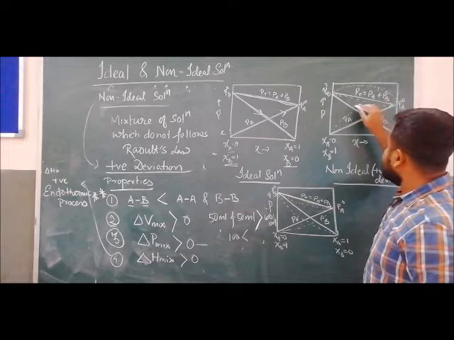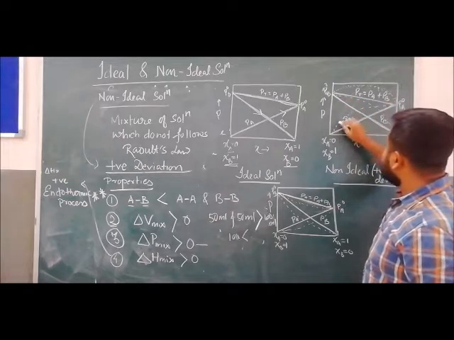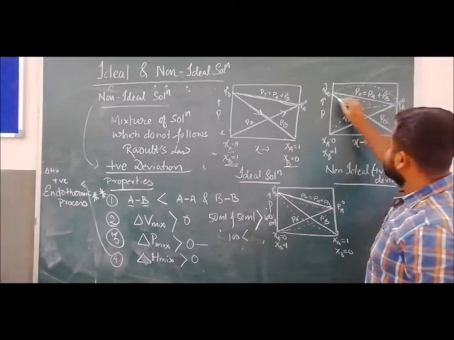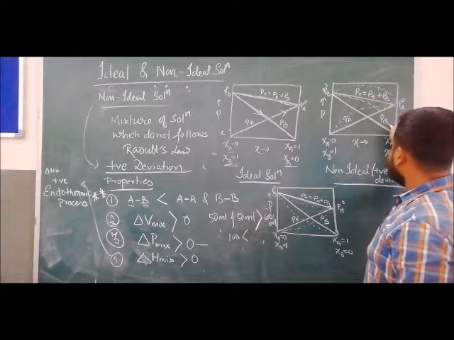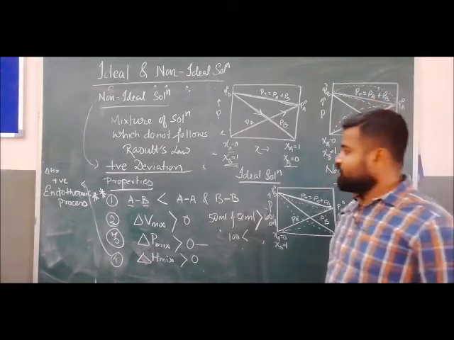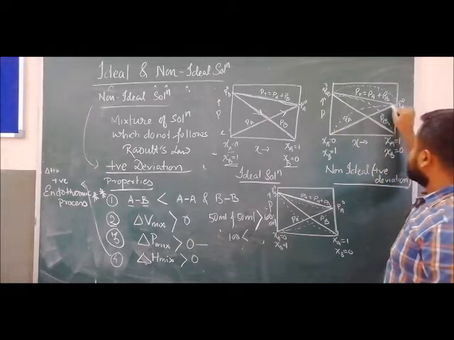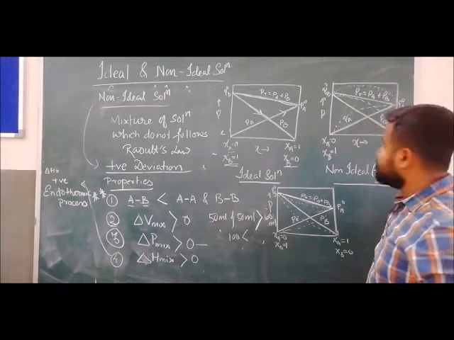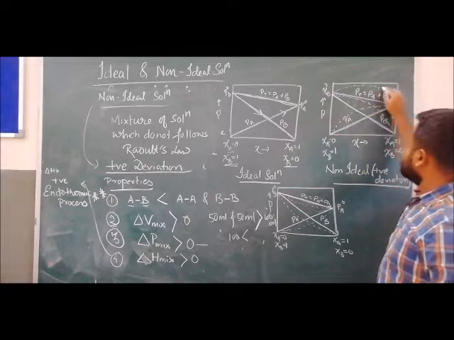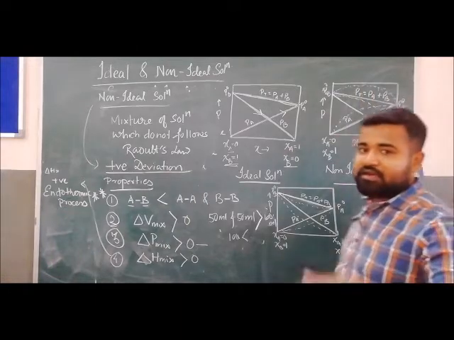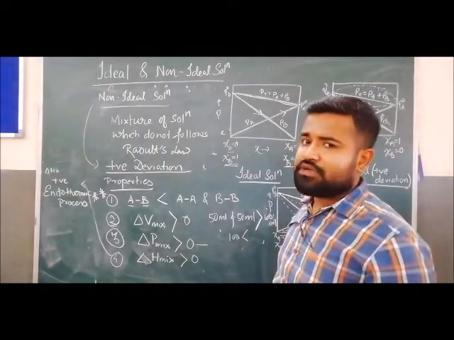We can see that the vapor pressure after the solution is prepared will increase. This dashed line represents the original vapor pressure, and this dotted line represents the vapor pressure after the preparation of the solution.